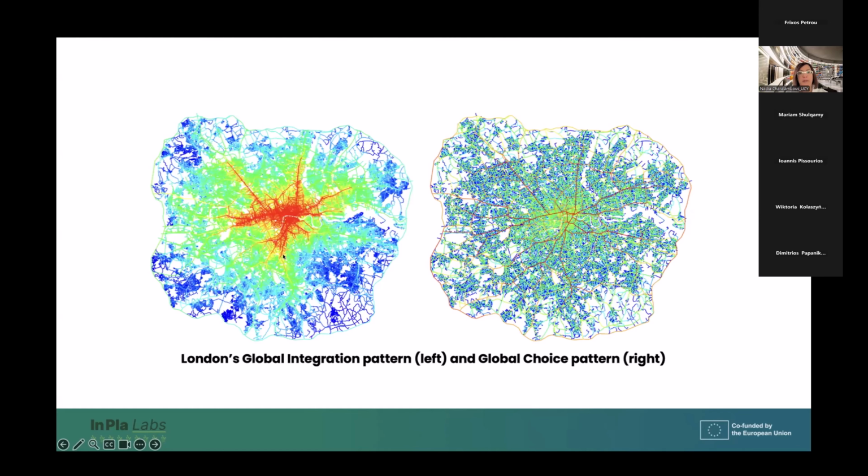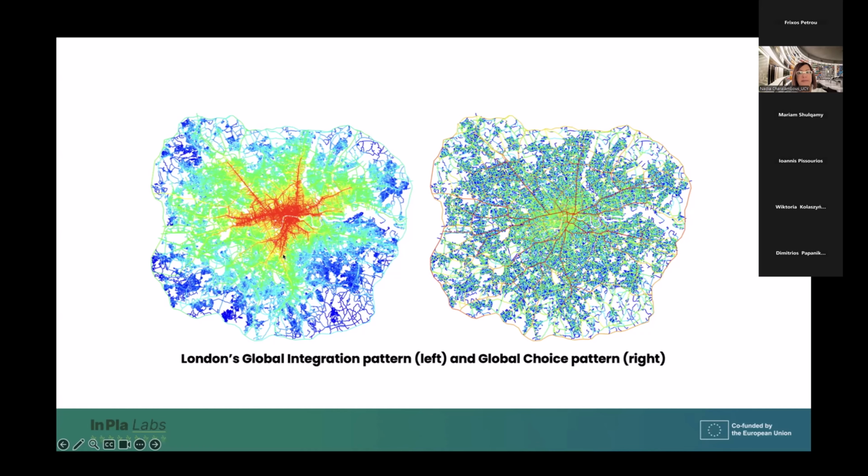So you can see, for example, this analysis. Integration in practice measures the accessibility of nodes within a spatial system. Spaces which are very deep in a system have lower integration values, and these are the bluish colors, while higher integration values usually correlate with high levels of movement and activity.